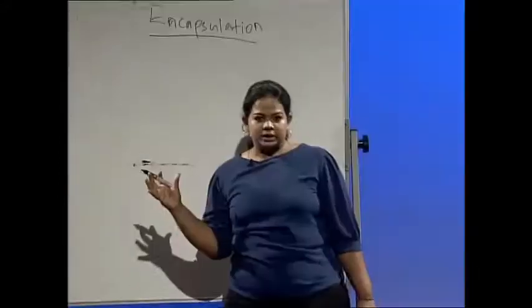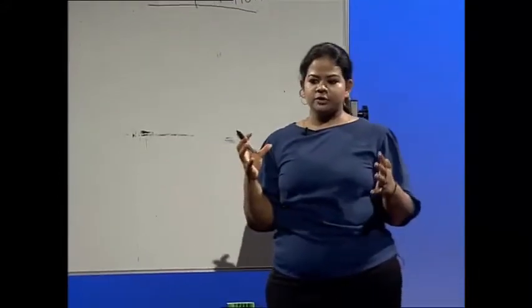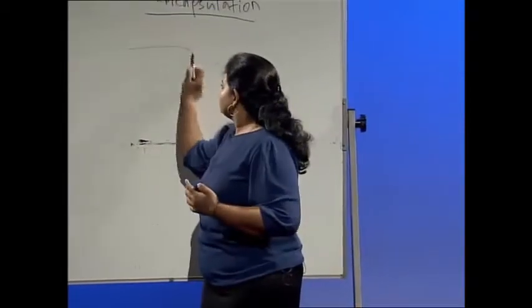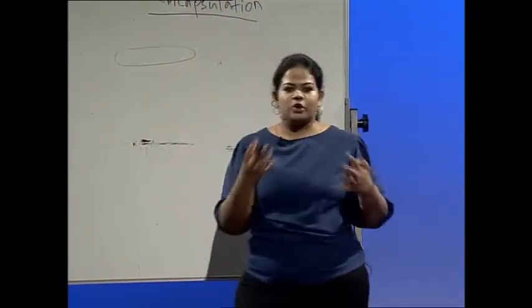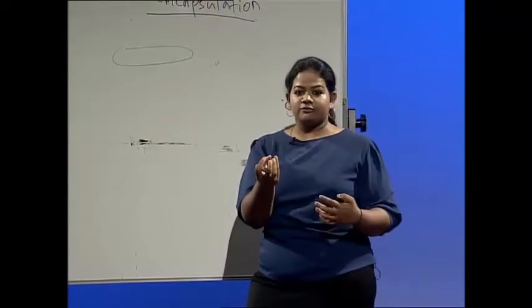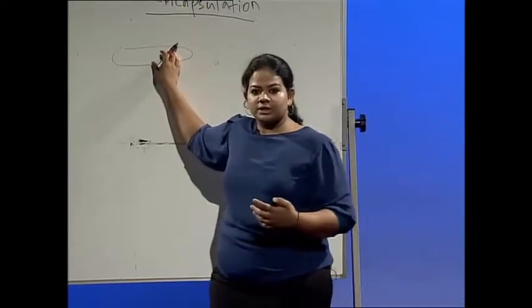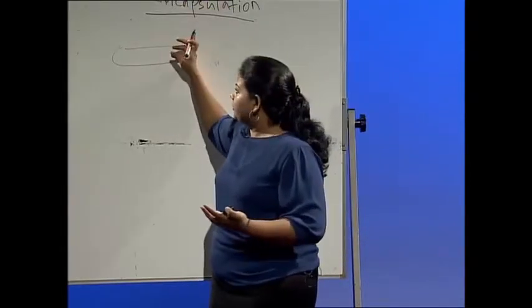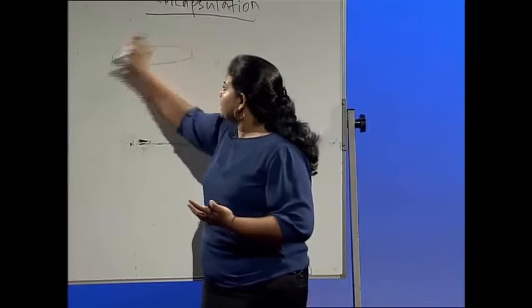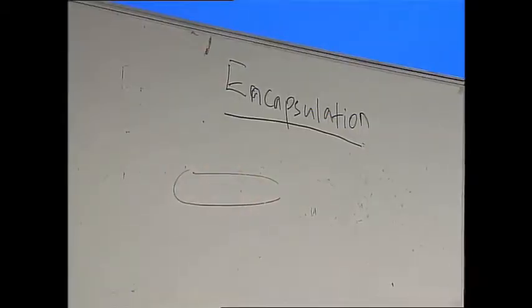So this one is where you have data, imagine all the data, and you are putting it in different units. Think about a capsule. Now, when you are given a prescription, imagine you have a capsule. So in a capsule, all the medicinal properties, the chemicals are inside, but they are in a closed unit.